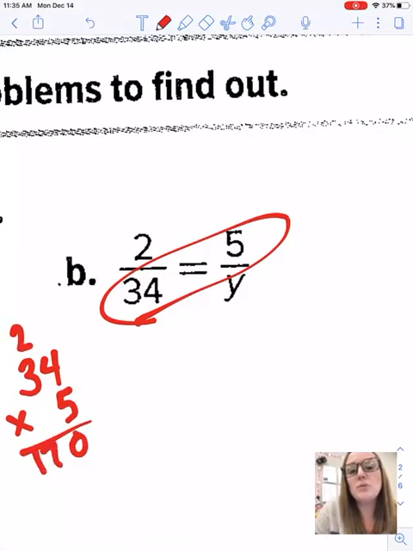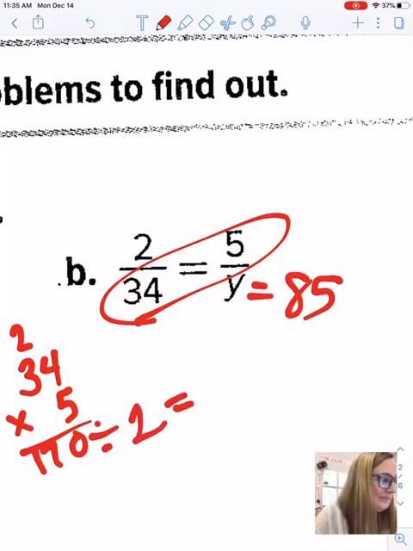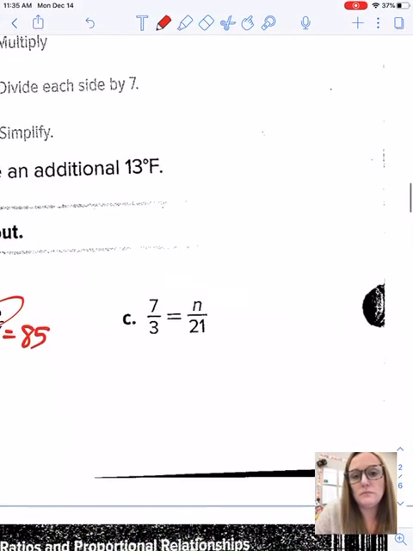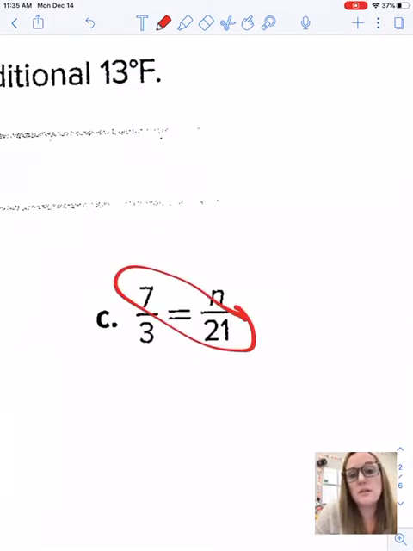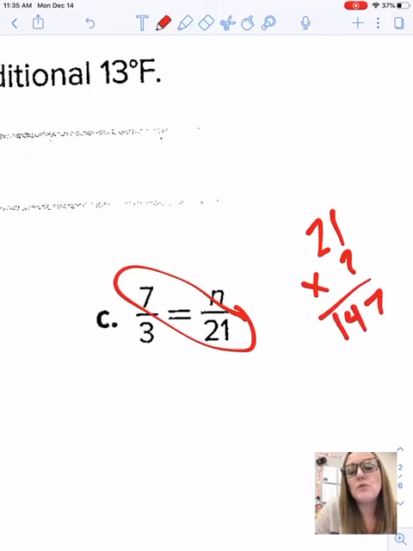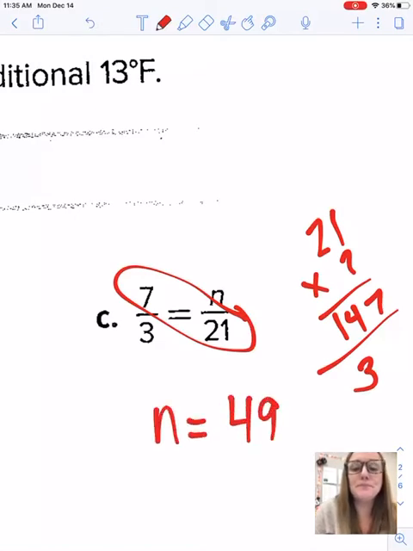You would divide by 2, and you would get 85. And letter C, 7 times 21, which is 147, divided by 3. So N would be 49.